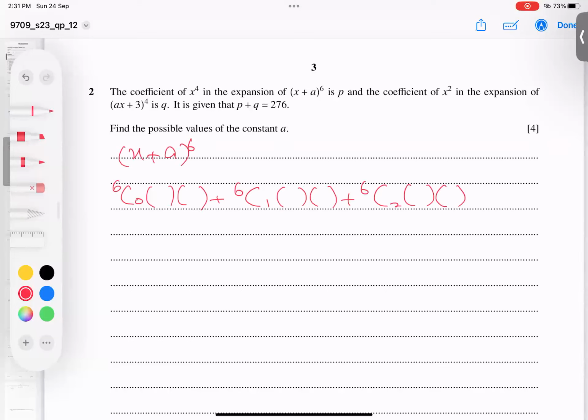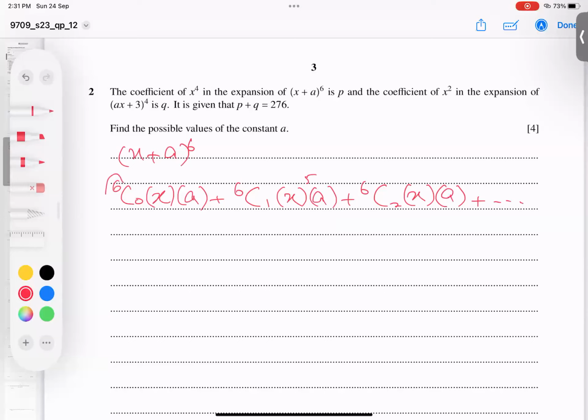6C3. But you know, here x comes, so it starts from 6 minus 0, coming on the power 6. So here power 5, here power 4. It means we are doing it correctly. I repeat my words again, no need to expand further. So this x will come in each first bracket. This a will go in each second bracket.